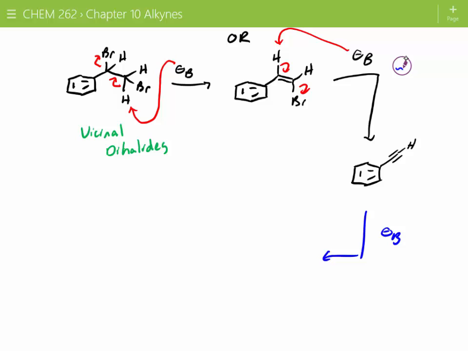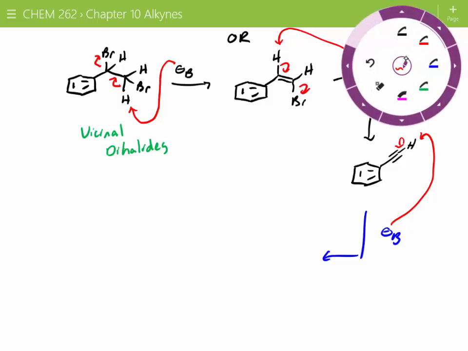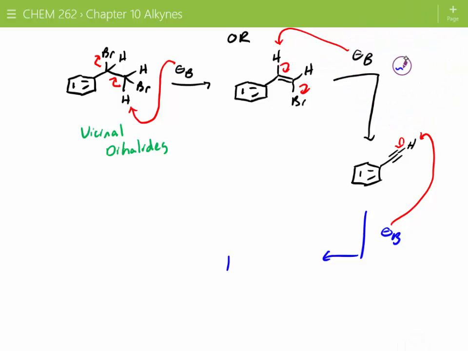It's going to be the sp hybridized proton, right? So if we've got a strong enough base and a third equivalent around, this will come and grab that terminal proton, and we form an acetylide ion.